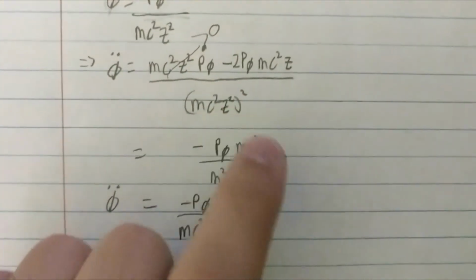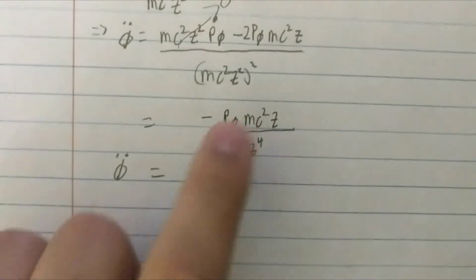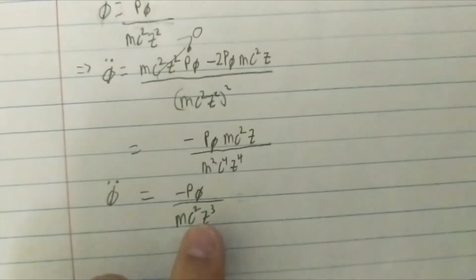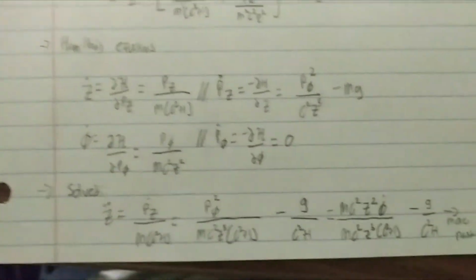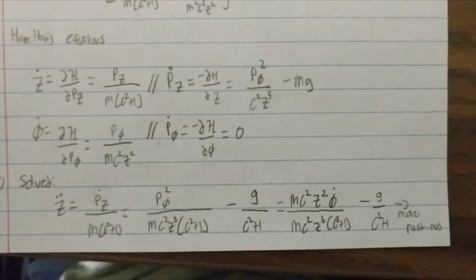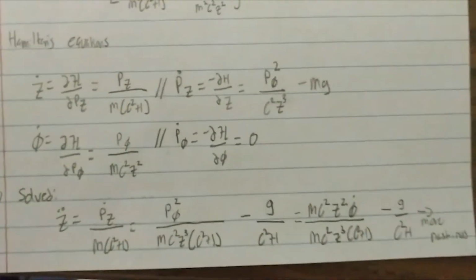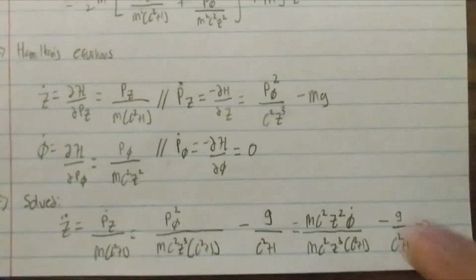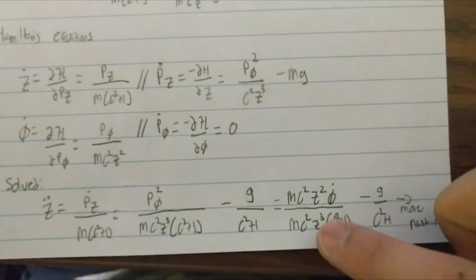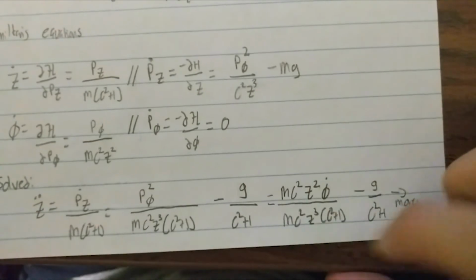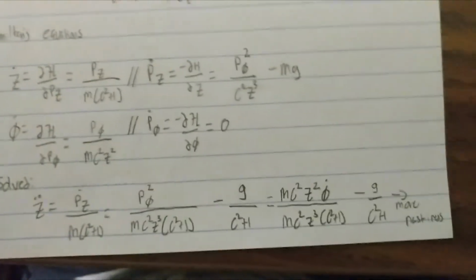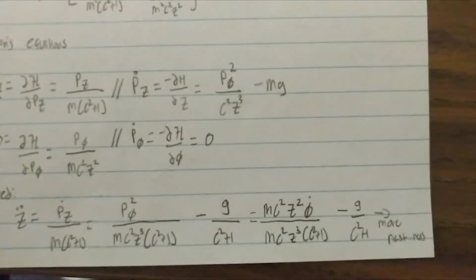Then you just have these two, which gets a little interesting, but still not very solvable because you still have this z thing here. So essentially what you get is two differential equations which depend on each other. So you have a coupled system of differential equations, but they're not even fun because you have z cubed terms here and phi dots and stuff, so it's not very solvable or intuitive.